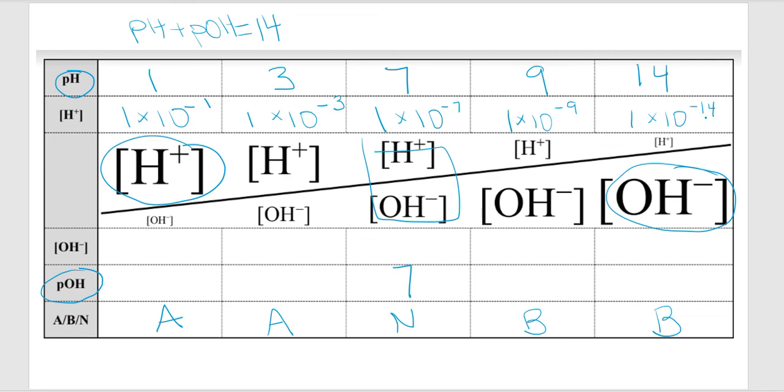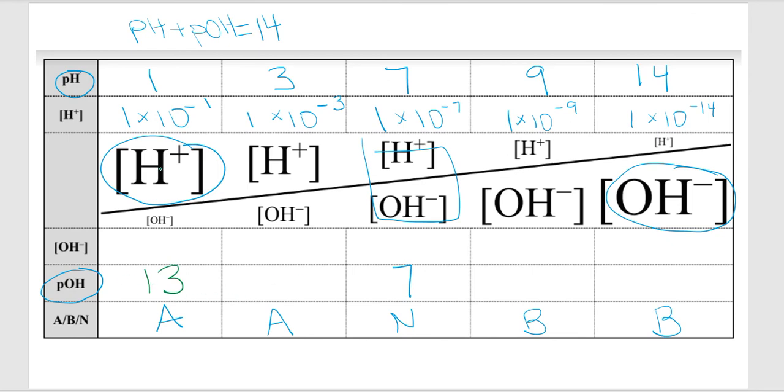All right. As far as hydroxide and pOH, it's the same thing but the opposite. What I mean by the opposite: 7 is neutral for both pH and pOH, and less than 7 is an acid on the pH scale, so more than 7 is going to be an acid on the pOH scale.